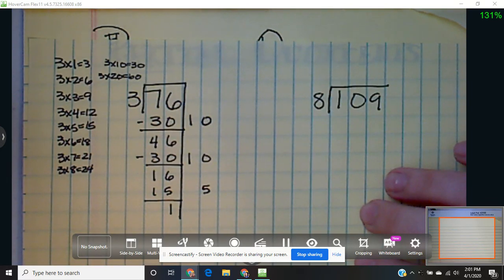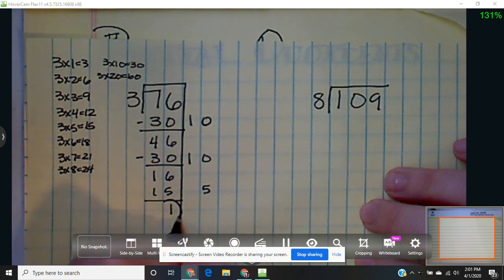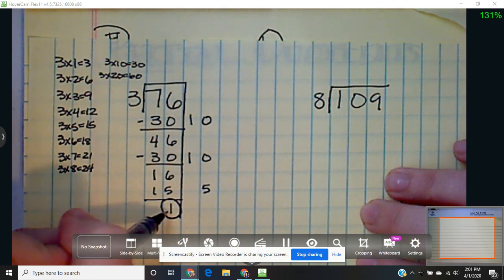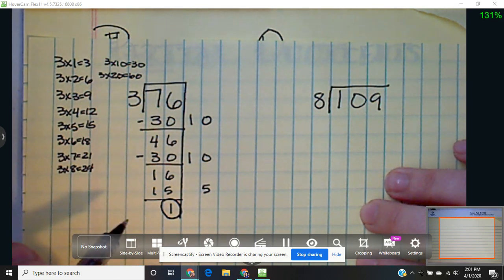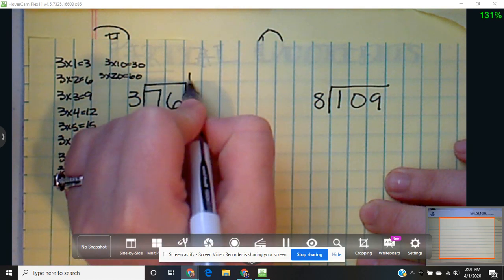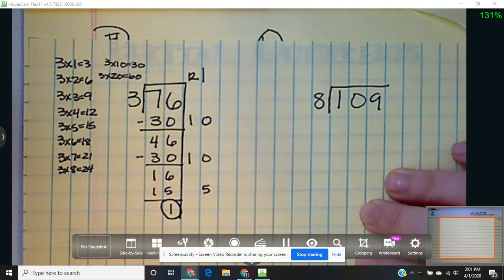I know I can stop with partial quotients when what's inside is less than my divisor. So since 1 is less than 3, I know that I can stop. What's left inside is now my remainder.